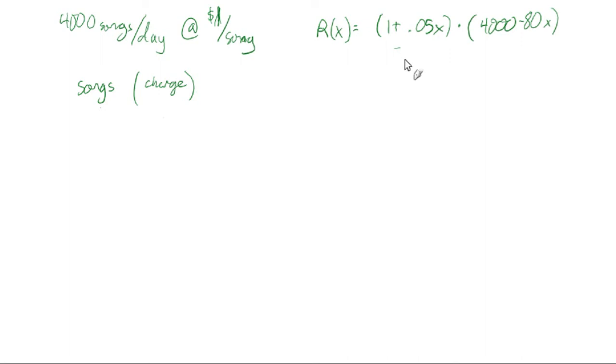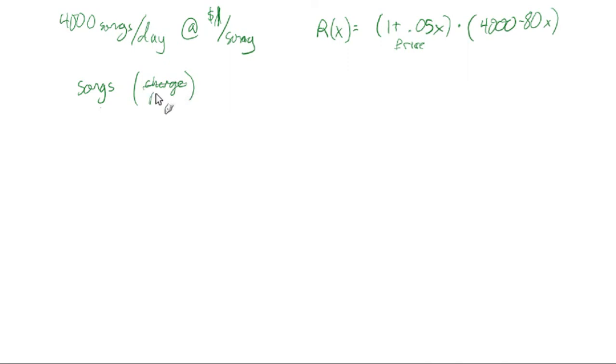Does that make sense? Well, it starts out as $1. That's what it says in the verbal model, in the word problem itself. It starts out at $1, and we're going to add on a certain number of 5-cent increases. So x 5-cent increases. If we add 2 of these, we'll have a 10-cent increase. Add 4 of them, we'll have a 20-cent increase, and so on. So that part makes sense. This is the price. Okay.